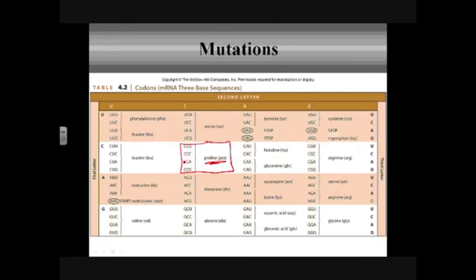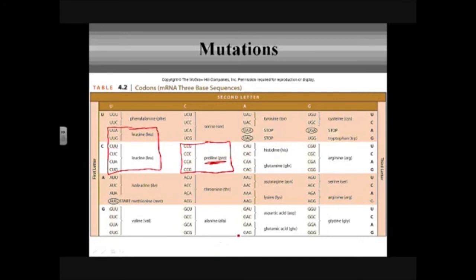So long as CC are the first two, they're all going to code for proline. Similar for threonine, leucine. Look at the combination we have there. For leucine, there's a pretty substantial number of codons that can code for the same thing.